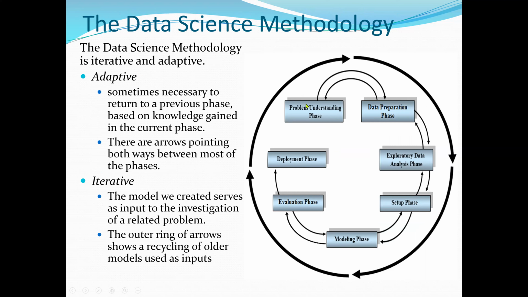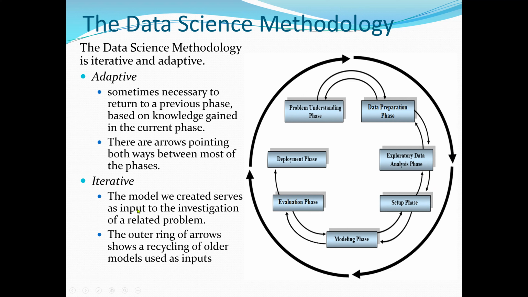I may go back to the objective of my project, all the way from the beginning again. Or I may be in the fifth phase, and we may decide to go to the third or first phase because we found some issues. So it's an adaptive process and also interactive. Sometimes it's necessary to return to a previous phase based on the knowledge gained in the current phase.